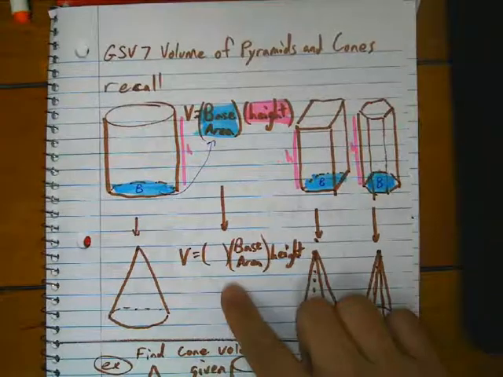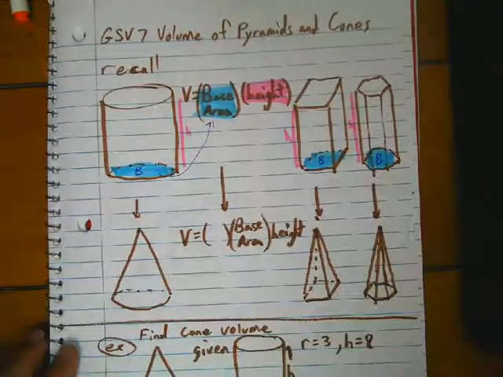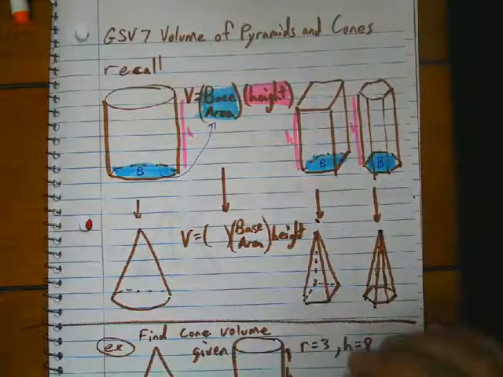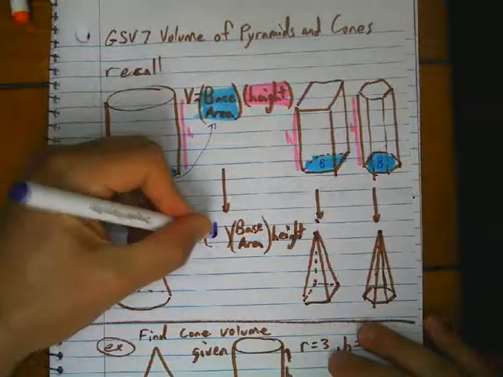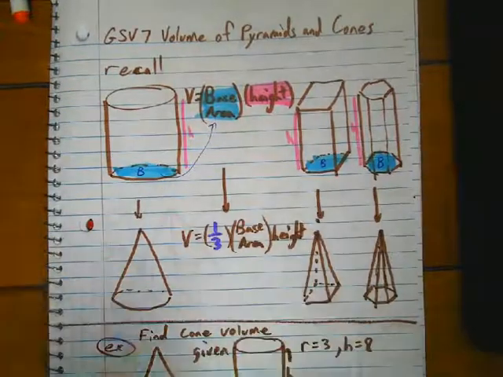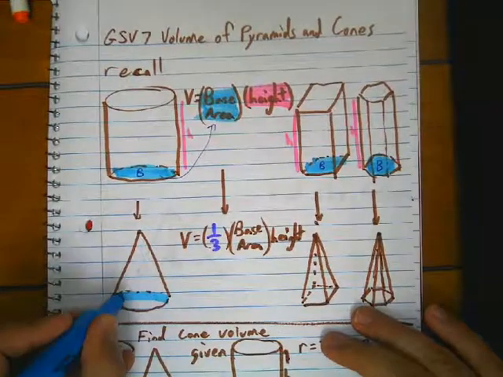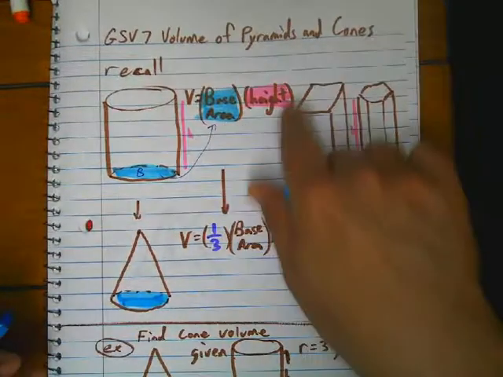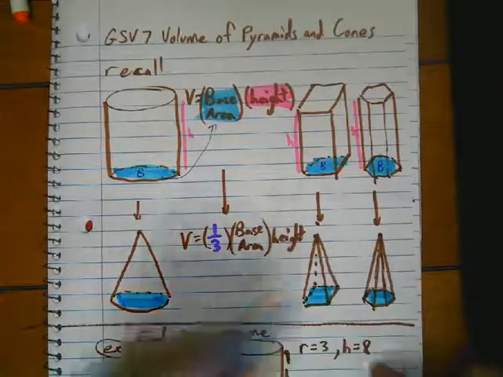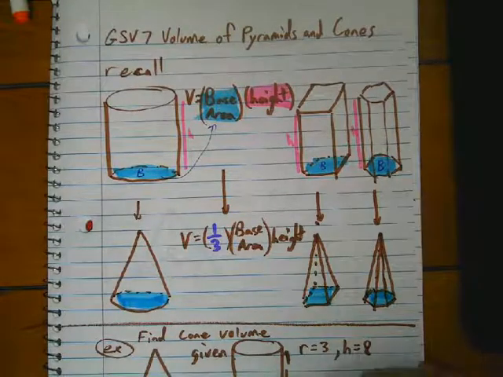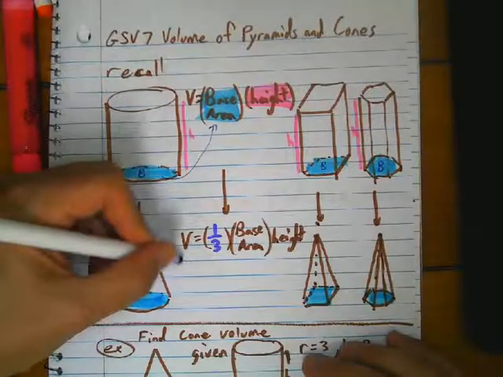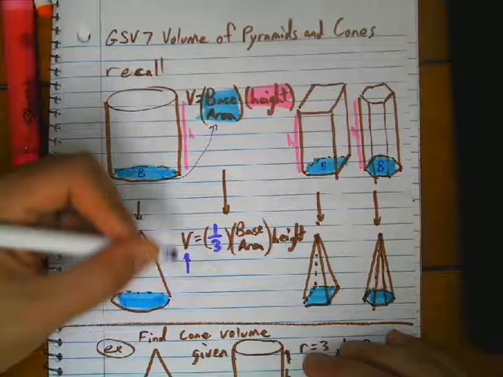Now, in our experiment that we did today, or in the video, we found out that the volume of the cone was 1/3 this. So if I know the volume of the same cylinder, all I have to do is multiply 1/3 times this formula in order to get the volume of the cone. So this is the volume of the pyramid or cone.